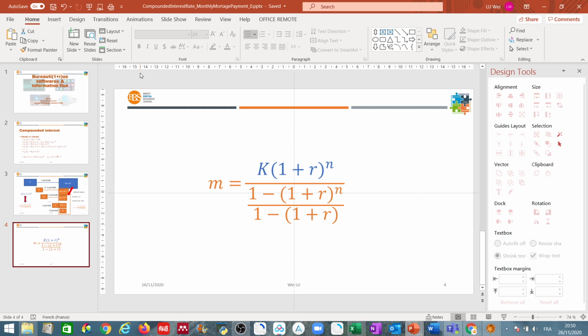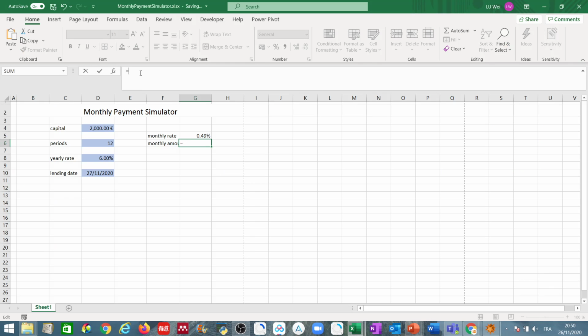Just what we have seen, capital times 1 plus interest rate in the power. So we can calculate it as capital here, multiply 1 plus interest rate.